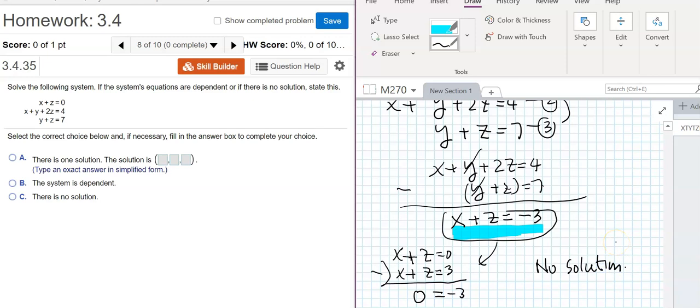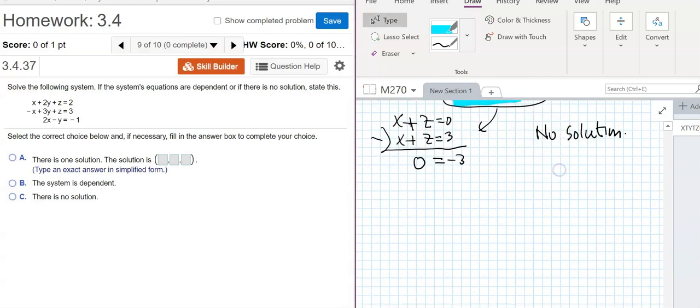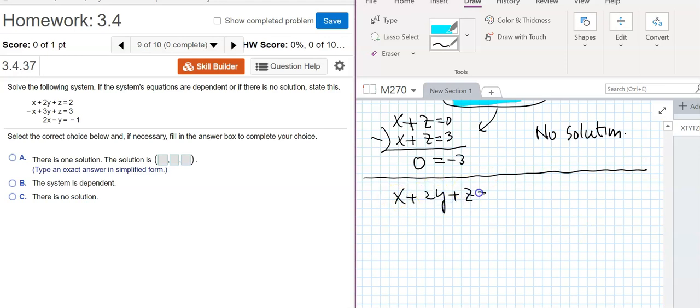Let's go to number 9. Number 9 is here. X plus 2y plus z equal 2, negative x plus 3y plus z equal 3, and then 2x minus y equal negative 1.